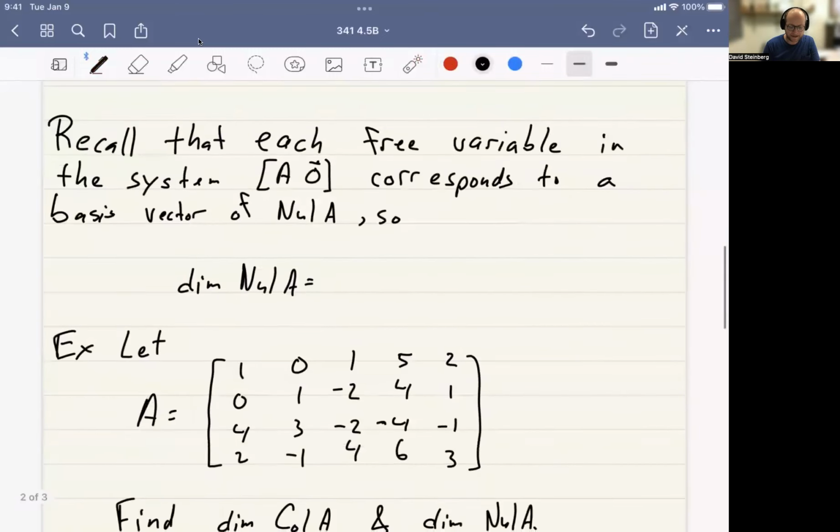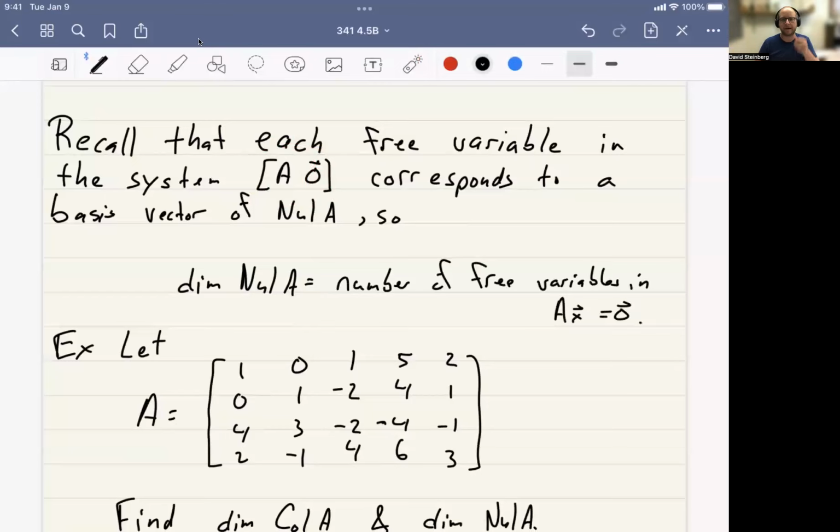And also we know that each free variable in the system associated to the augmented matrix of A with zeros in the rightmost column corresponds to a basis vector of Nul A. So the dimension of the null space of A is just the number of free variables in the equation Ax = 0.